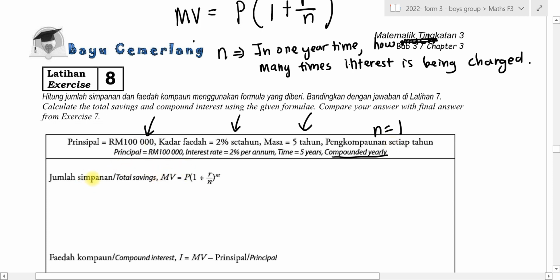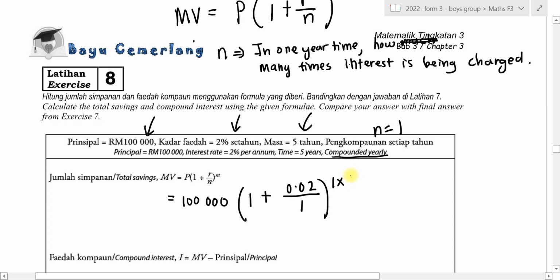So you want to find the total saving. We use the formula MV equals P times (1 plus R over N) to the power NT. Your principal is 100,000. 1 plus your interest rate 0.02 over how many times interest is charged per year? 1 time. 1 multiplied by your time.